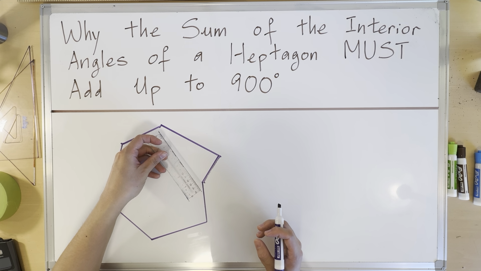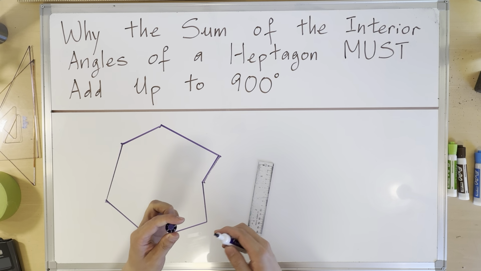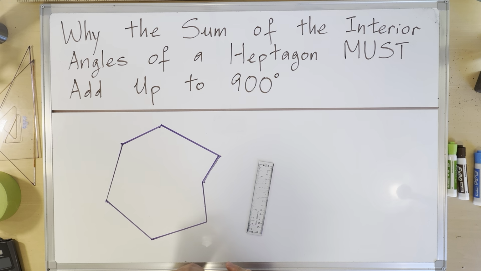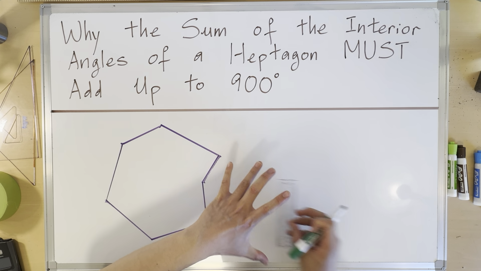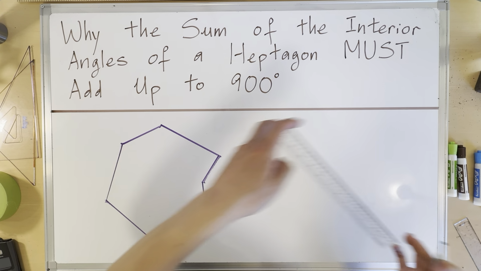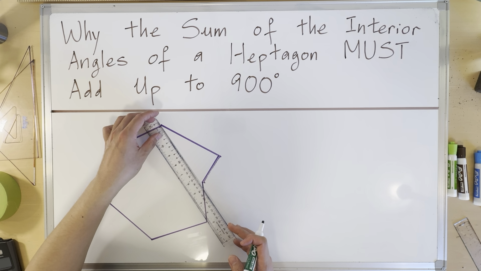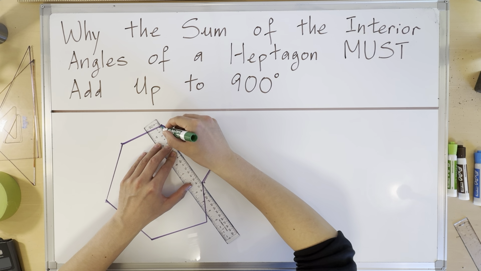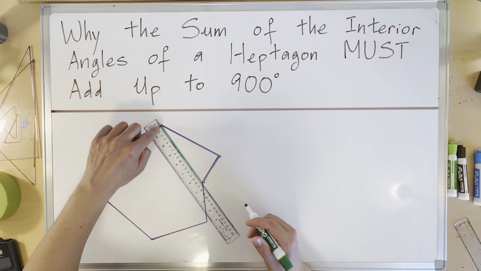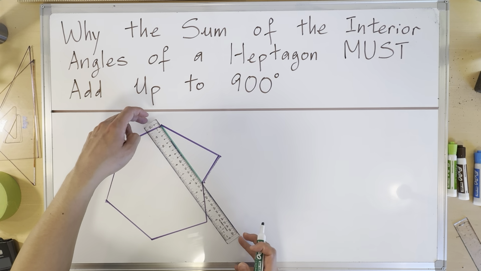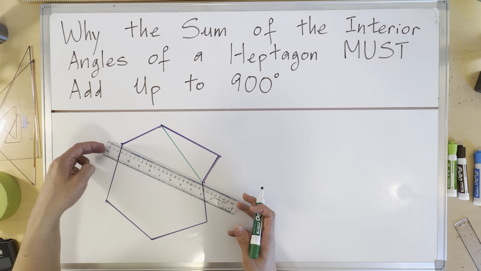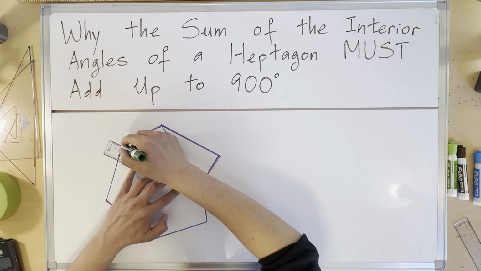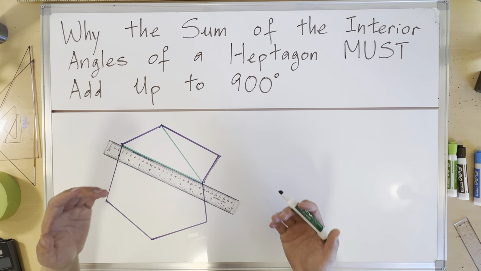I'm going to use a different color pen right here. So, here we go. This is one triangle right here. Now here's another one.